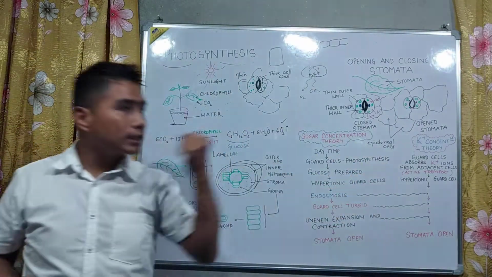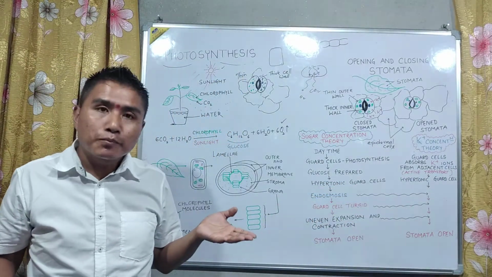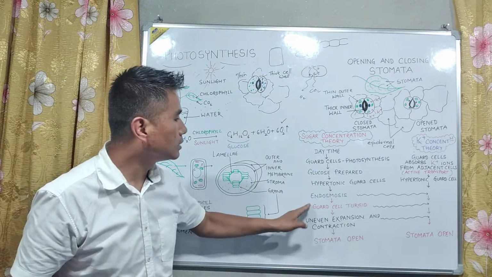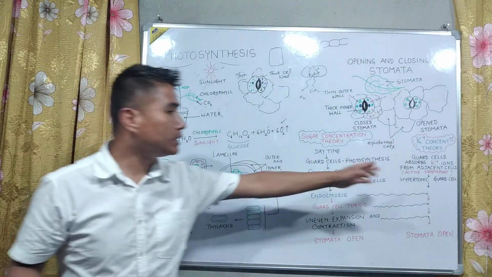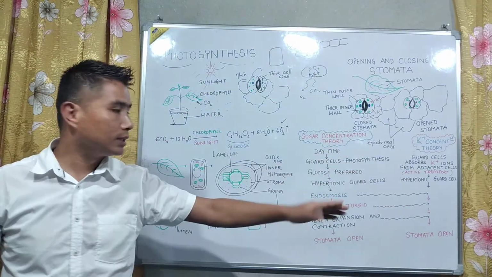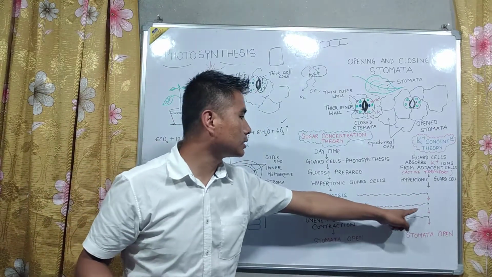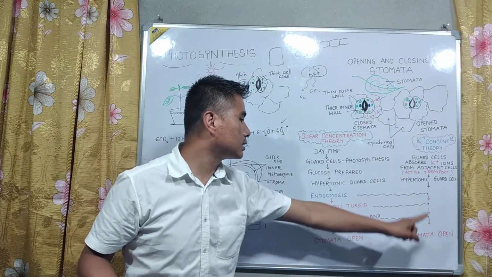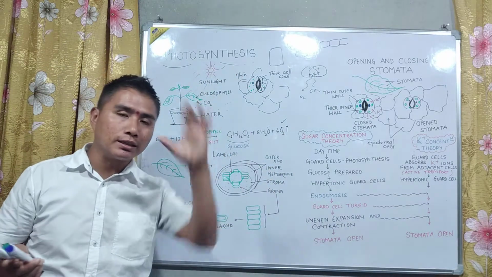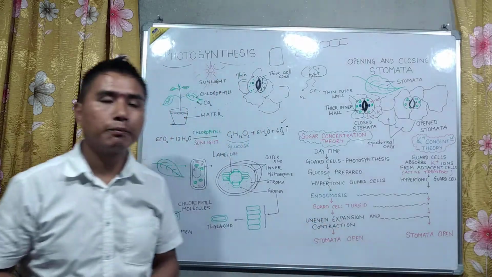Now when potassium ion is pulled inside, guard cells become hypertonic compared to the adjacent cells. Then what happens? Endosmosis takes place. Endosmosis causes the guard cell to become turgid. Turgid causes uneven expansion of the cell wall. That means the outer thin wall expands and the inner thick wall contracts. As a result, the stomata open up.